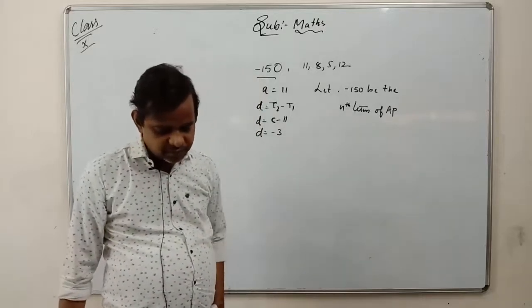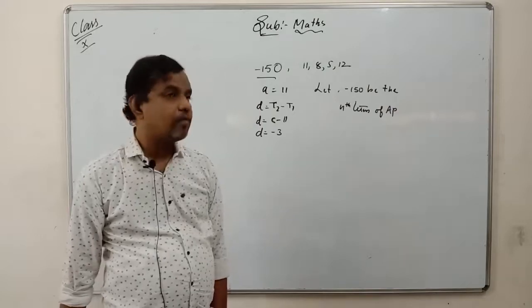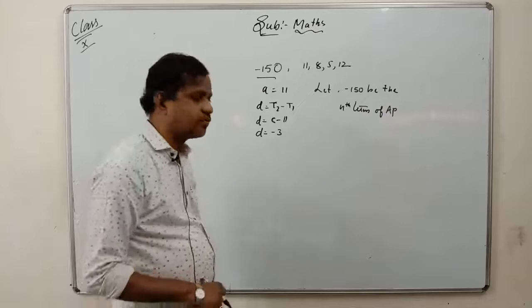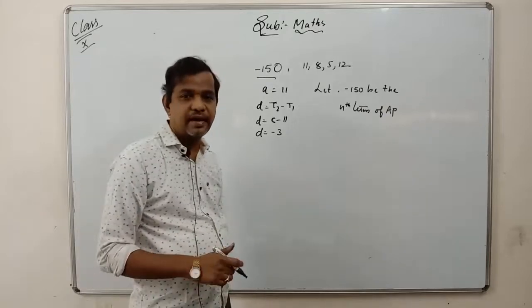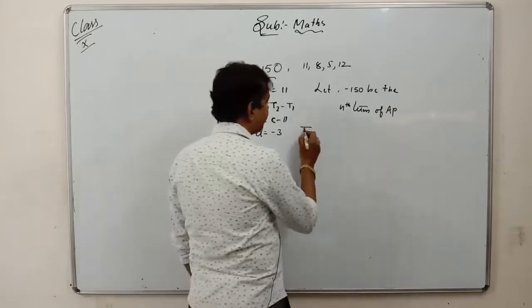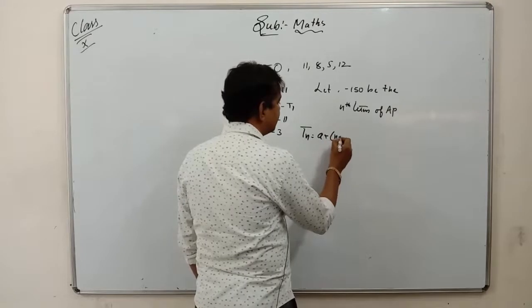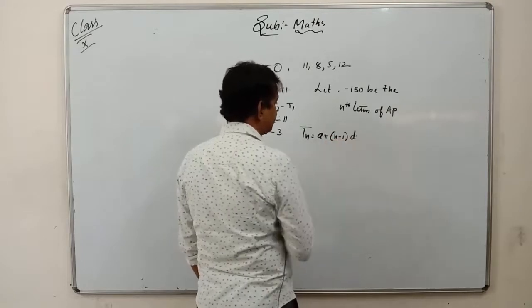If minus 150 is the nth term of the AP, then what do you get there? What is the general formula we have to find it? The general formula is Tn equals a plus n minus 1 d.